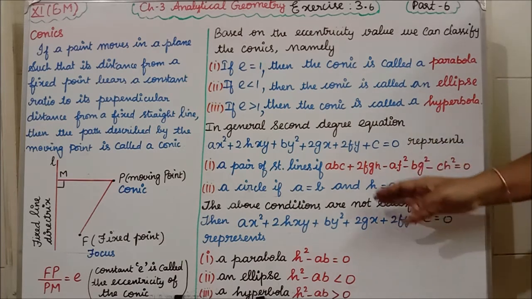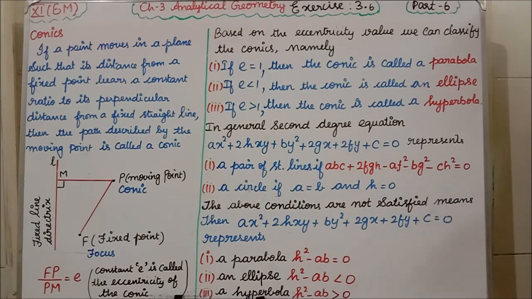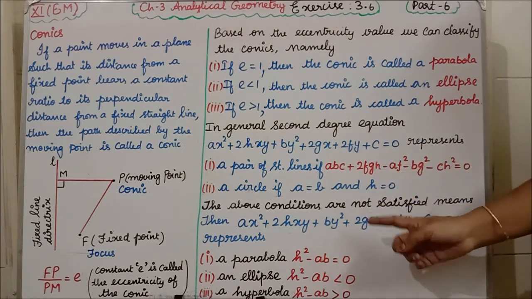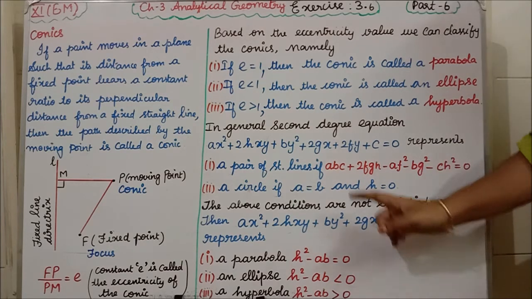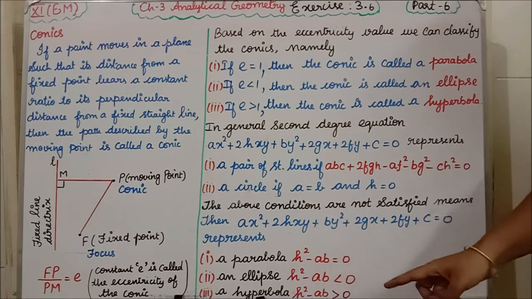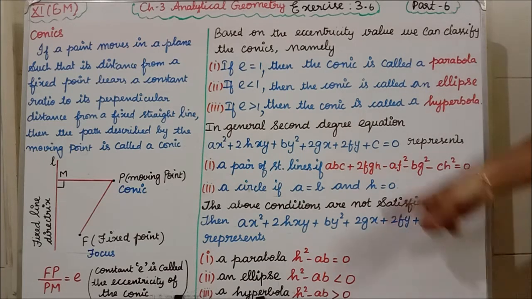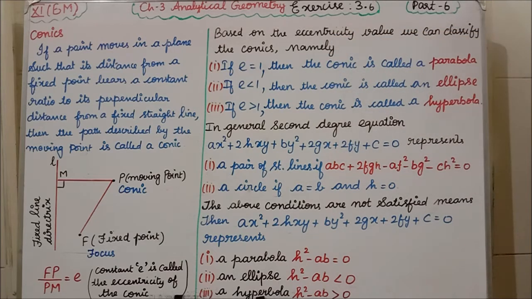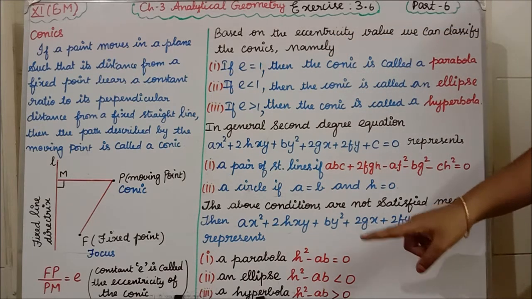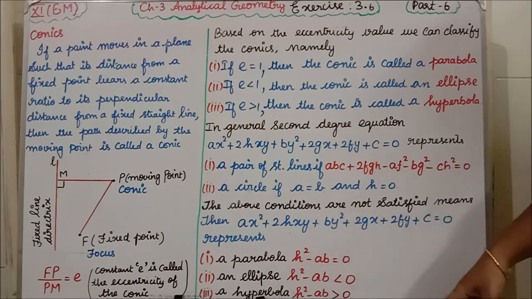Yes. When it represents a parabola, the formula is h square minus ab equal to 0. When it represents an ellipse, h square minus ab should be less than 0. Already we have learned that for the ellipse, eccentricity should be less than 1. Similarly, if it is a hyperbola, h square minus ab is greater than 0.